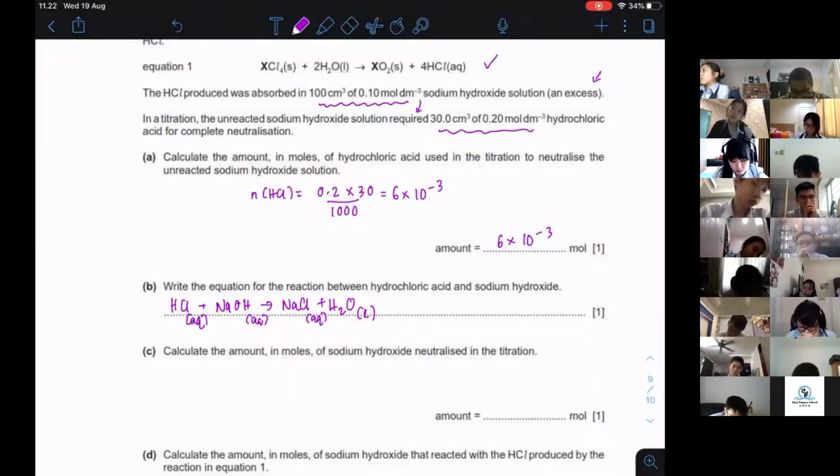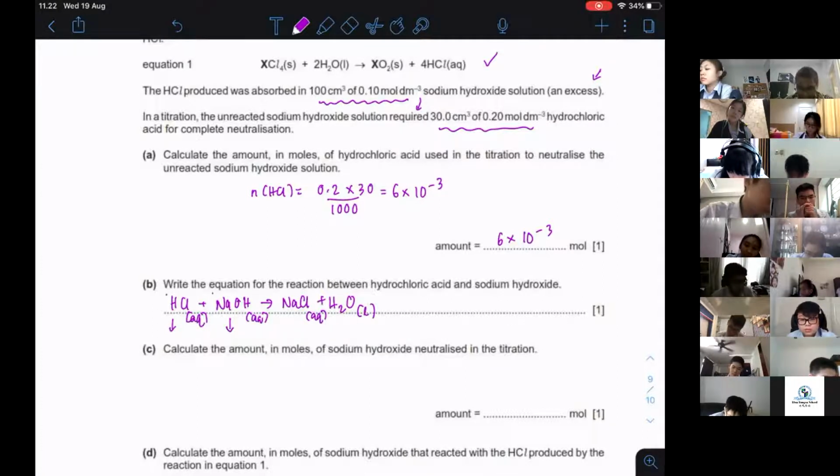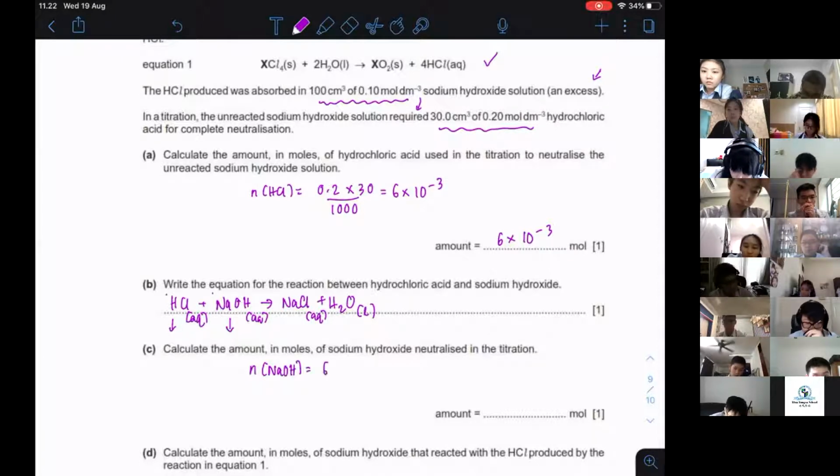Now, this is the number of moles of hydrochloric acid, 6 times 10 to the power of negative 3. The ratio is 1 to 1, so the number of moles of sodium hydroxide is 6 times 10 to the power negative 3 as well.